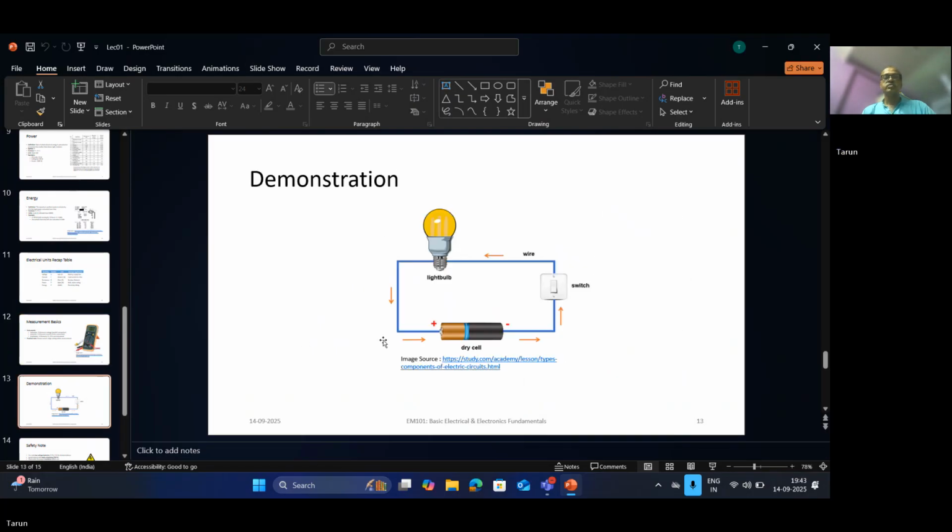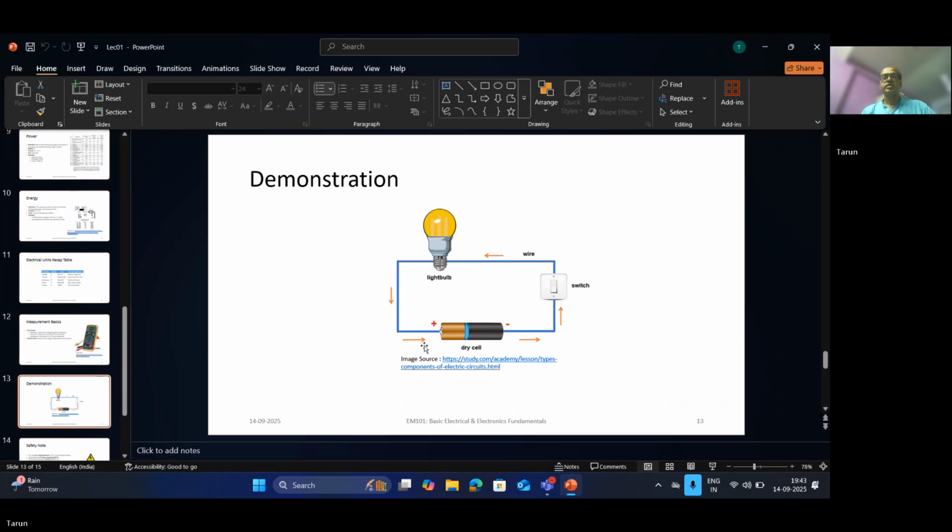Now, the diagram demonstrates the flow of electrons from negative terminal to positive terminal by solid red arrow, and the conventional electric current flow is in the opposite direction of the electron flow.